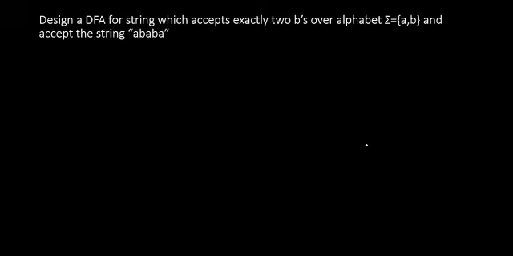Now what is the other mechanism for doing this? Designing a DFA for a string which accepts exactly 2 b's over an alphabet a, b. Now there should be exactly only 2 b's here. So what is a language which can be accepted?